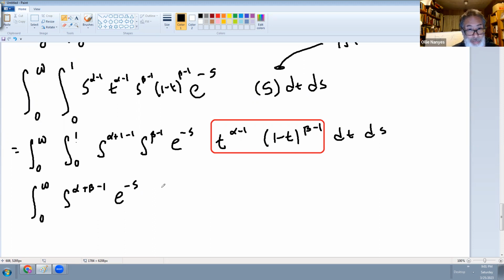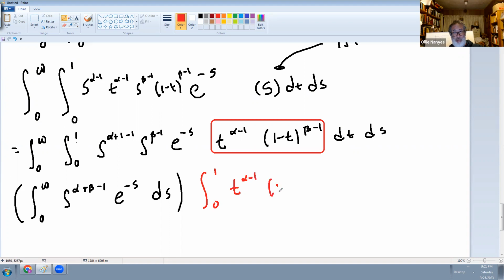And we're just integrating with respect to s over this strip, which is a rectangular strip. And then from here we have the stuff involving t. The t stuff is t to the alpha minus 1, 1 minus t to the beta minus 1, dt.